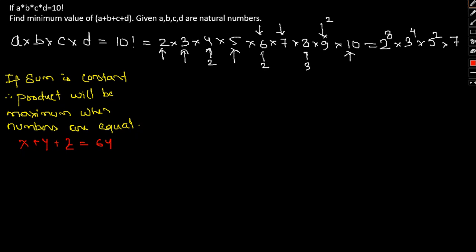Now product of x y z will be highest if x is equal to 4, y is equal to 4, and z is equal to 4. Oh, sorry, my bad. Hang on. Let me take a smaller value. 64 will be quite a larger one.